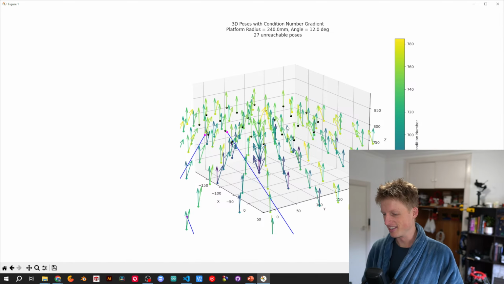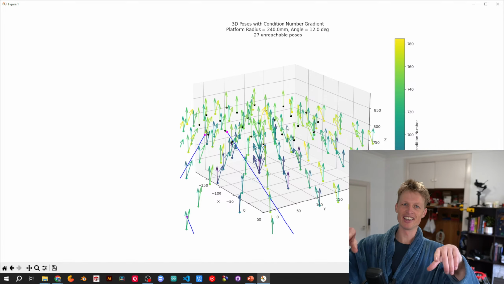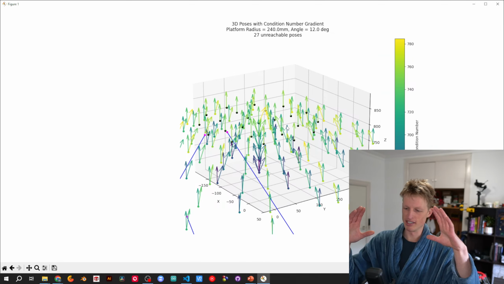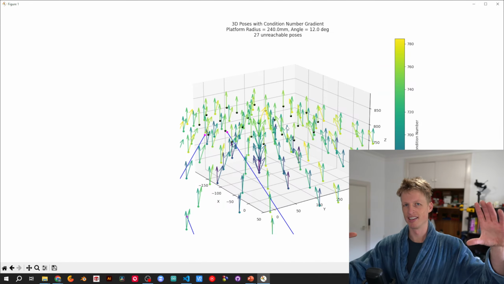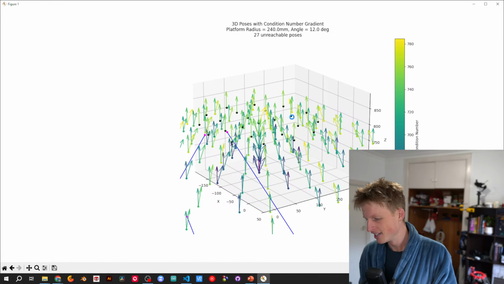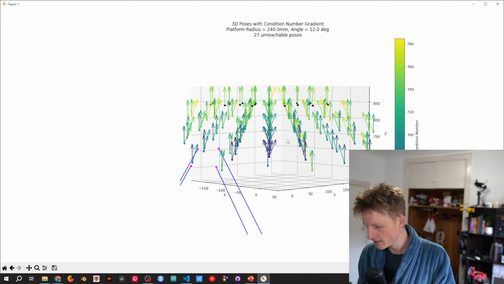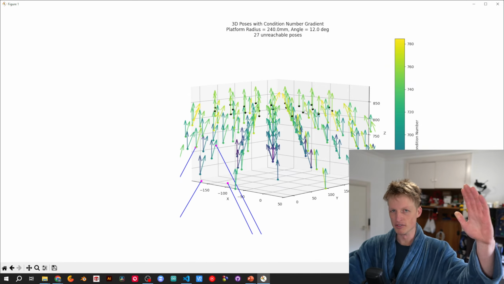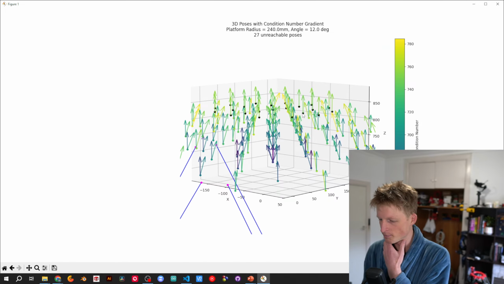So I'll be very curious to rerun that original workspace simulation to get what that workspace is if we're including orientations that Jugglebot would actually care about. I think that workspace would be a lot smaller. Yeah, so I found that interesting, that there are unreachable poses even very clearly inside that workspace at a relatively minor angle, at only 15 degrees.